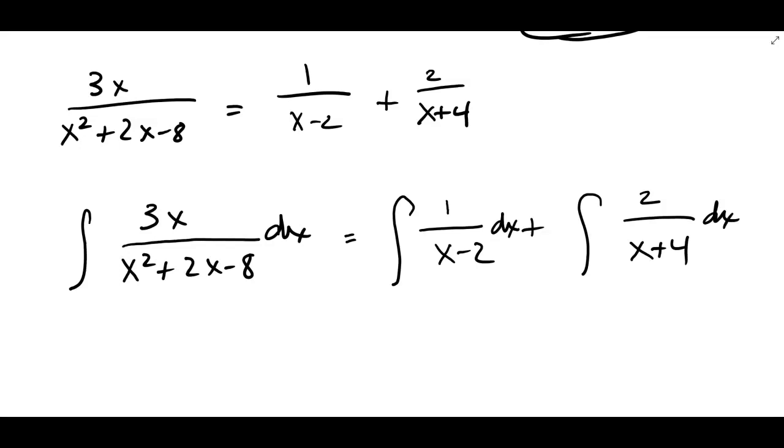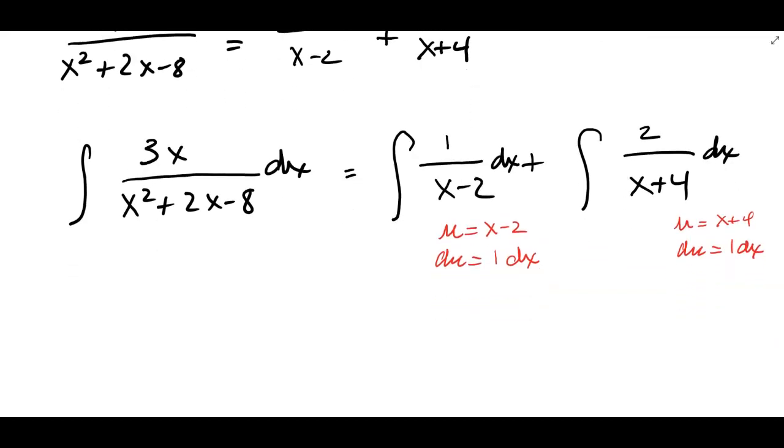Why is that helpful? Because now, when u equals x minus 2, du is simply 1 dx. Even in this one, if u is x plus 4, du is 1 dx. So I can integrate them each separately.